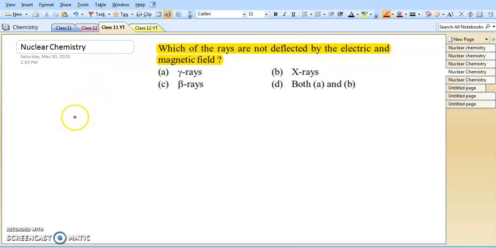Both of them were deflected under the electrical field and the magnetic field.